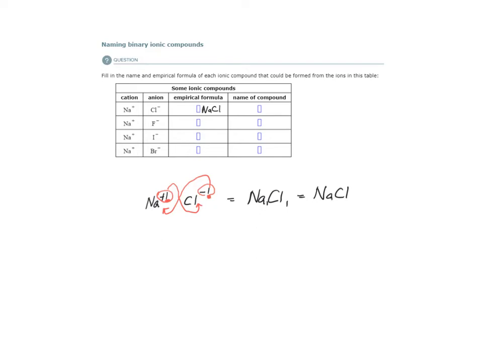Following the naming rules, if I were to name this compound, you write the name of the metal, sodium, and then you write the name of the nonmetal with the IDE ending. Chlorine would become chloride.